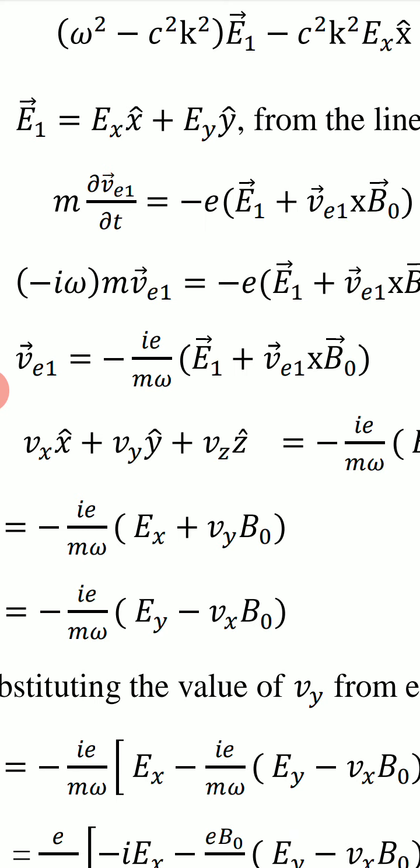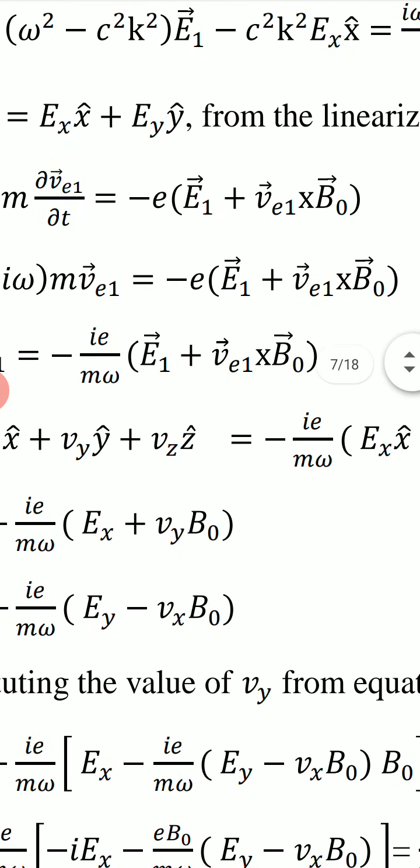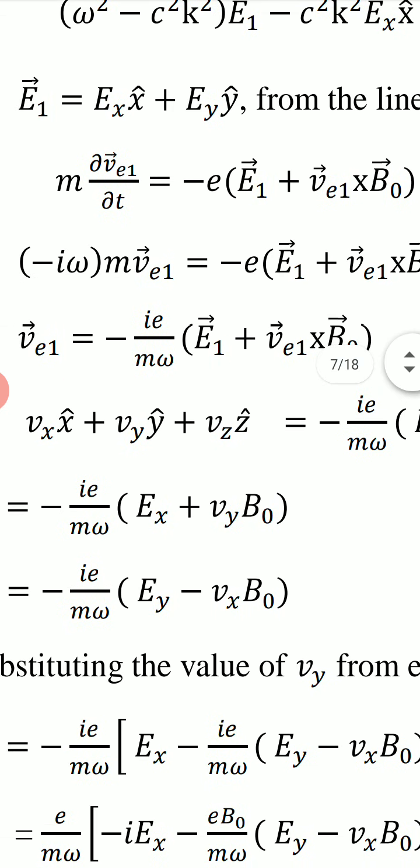And on the right side is the force acting on electron, due to electric field E1 and magnetic field B0. It is given by minus e E1, the force due to electric field E1, and minus e ve1 vector cross B0 vector, which is due to magnetic field B0.